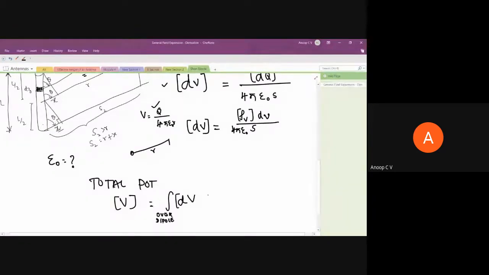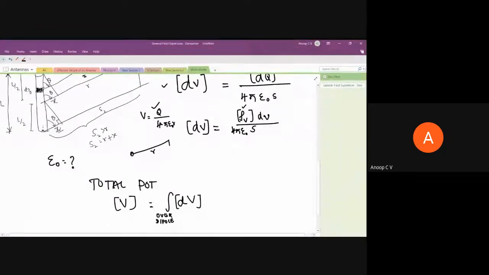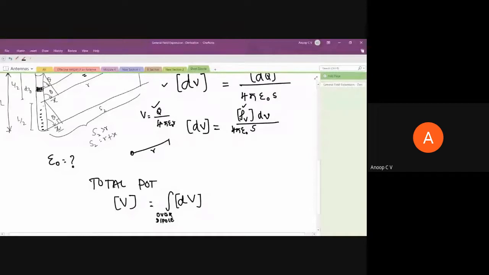So when I'm integrating, you can see rho v, at each and every point, the volume charge density may not be constant. Rho v will be a function of distance, so rho v is not a constant. And also S will change. The bottommost point is S equal to S2 and the topmost point is S1.